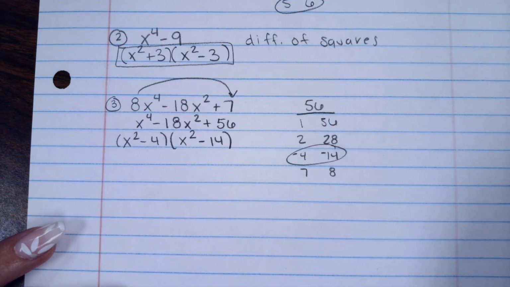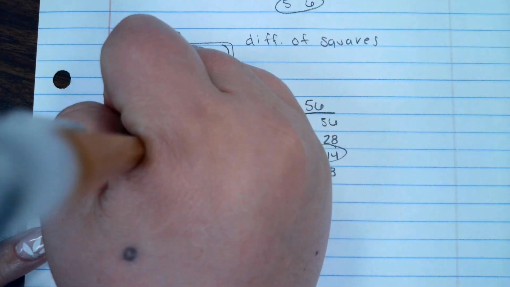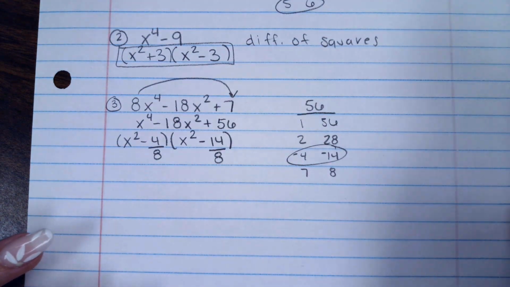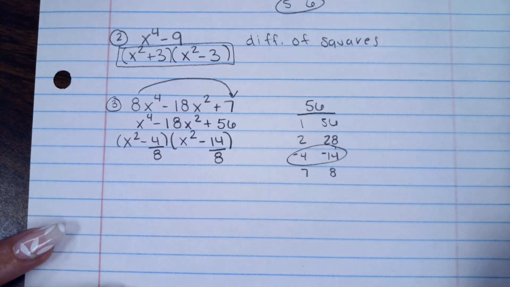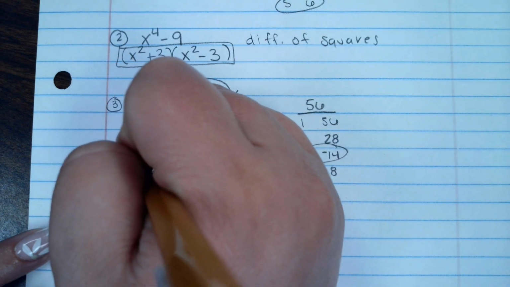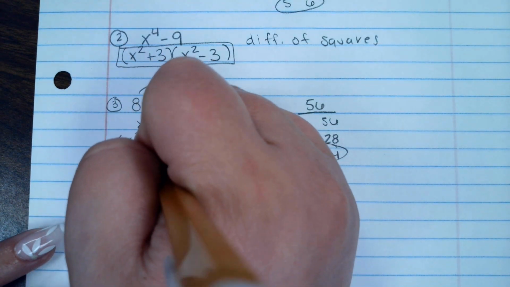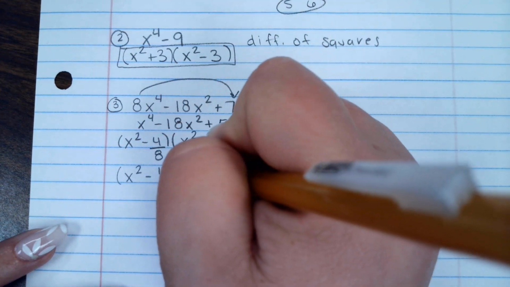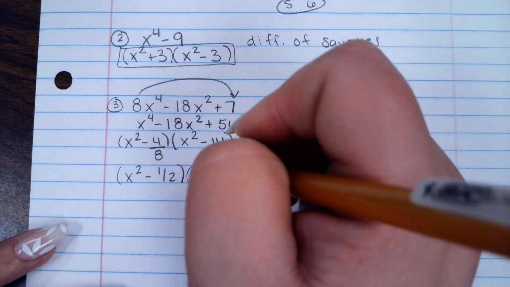Don't forget, since we slid, we have to divide. So divide both sides by 8. Neither of these divide evenly, so we have to reduce our fractions. So we'll have x squared minus 1/2 and x squared minus 7/4.